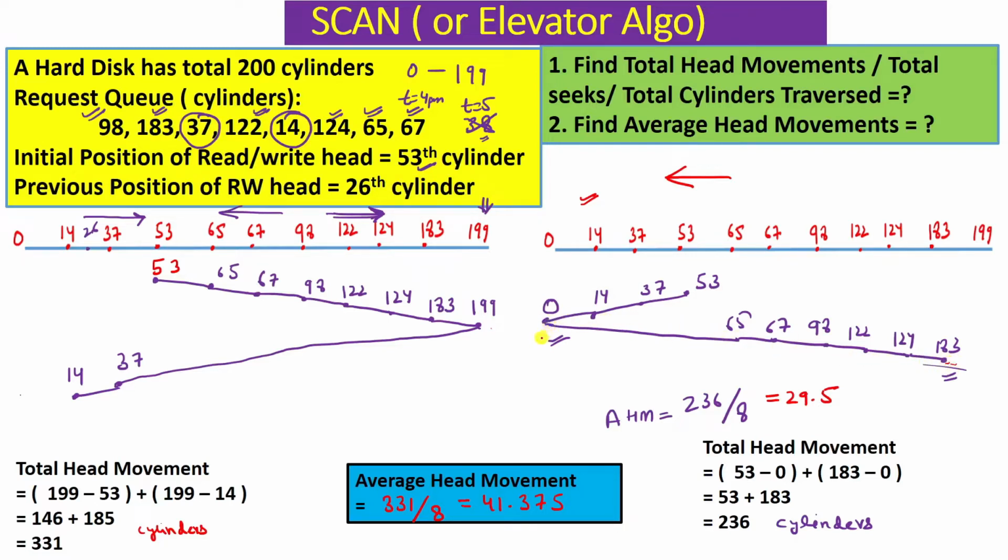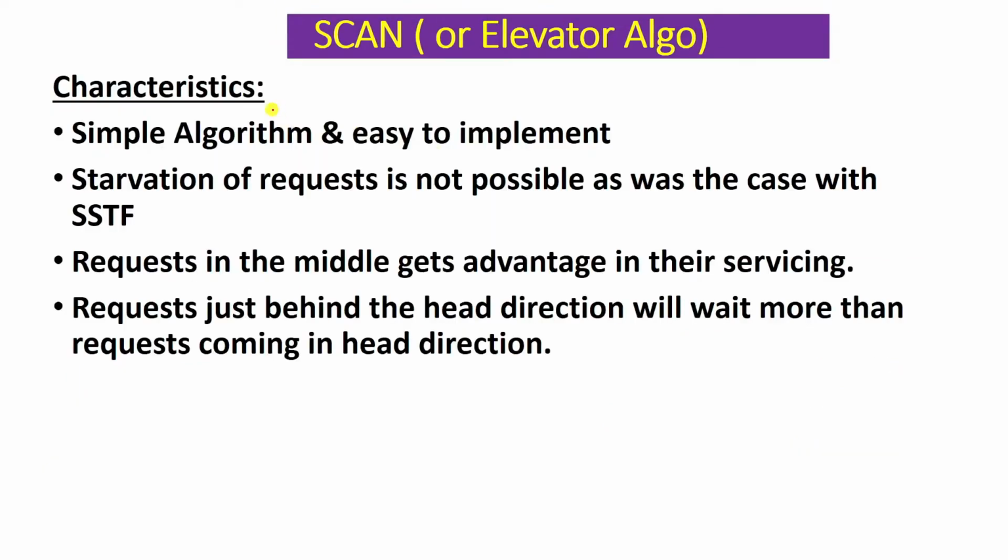Here also we went to 0, although 0 was not present in the input output requests. So we found this total head movement and these were the average head movement. Like an elevator, it is scanning all the requests going in one direction and then reversing its direction and going in the other direction, right?